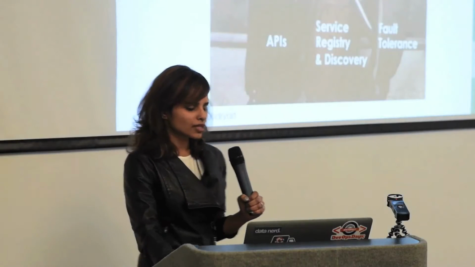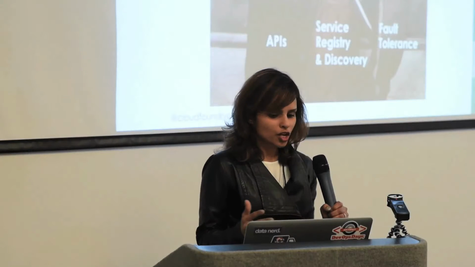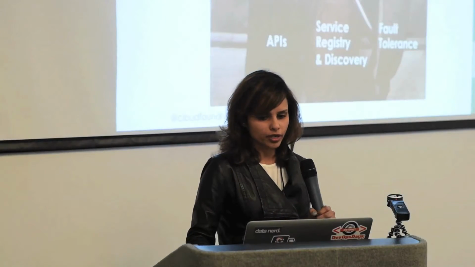So the next one is what I like to call the three musketeers of building cloud-native applications. The first one is APIs. Why are APIs important? The main reason is microservices like to talk. I mean, they're completely useless if they don't talk to each other. Let's say you have a small application with 100 or so microservices, and they need to talk to each other for them to contribute any real value to the application.